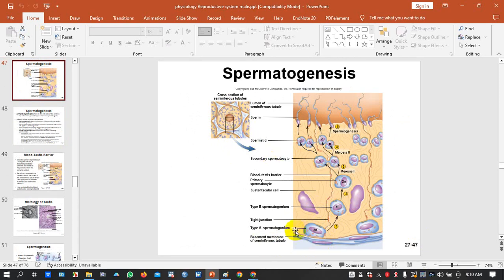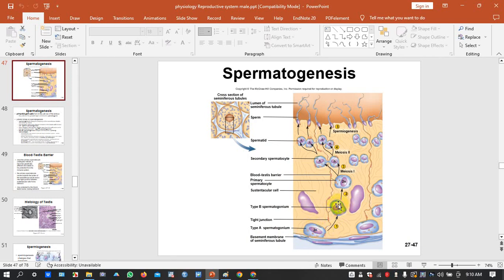So you can see attached to the basement membrane is type A spermatogonium. Then we come to a tight junction which is formed by the testicular or Sertoli cells. We come to type B spermatogonium, primary spermatocyte, because this type A spermatogonium will now mature to type B spermatogonium, will now divide.